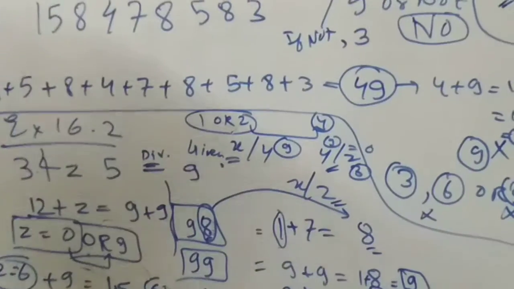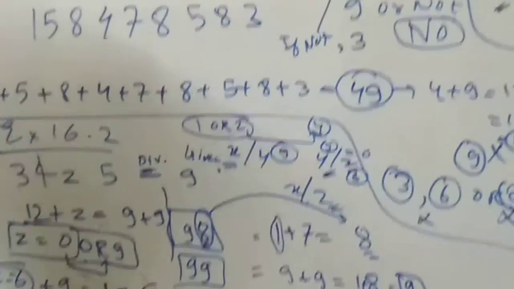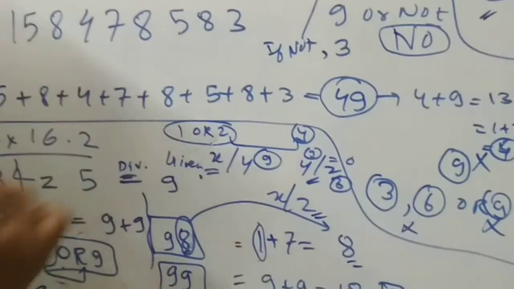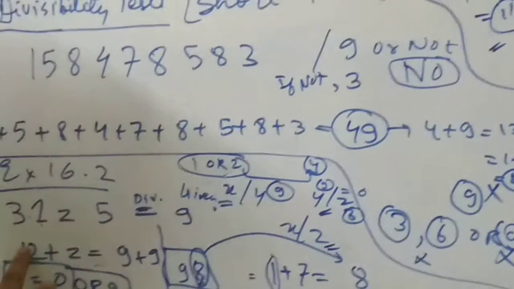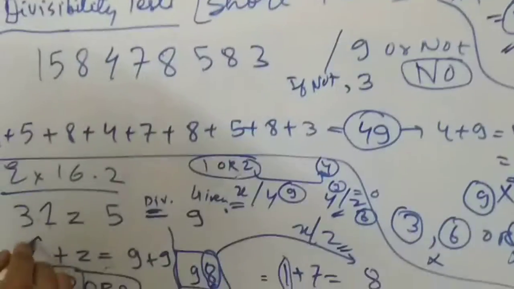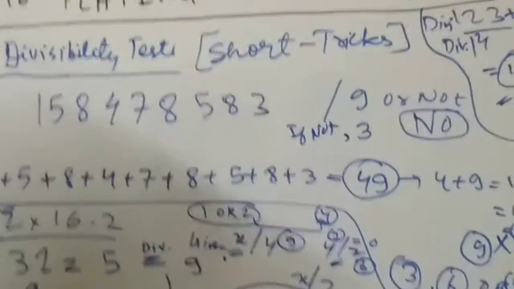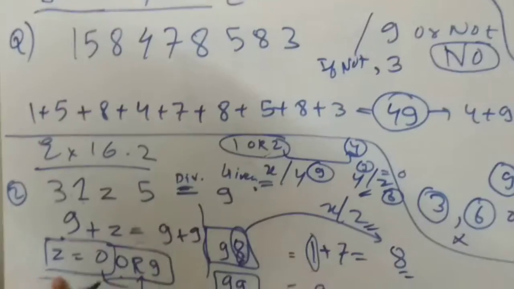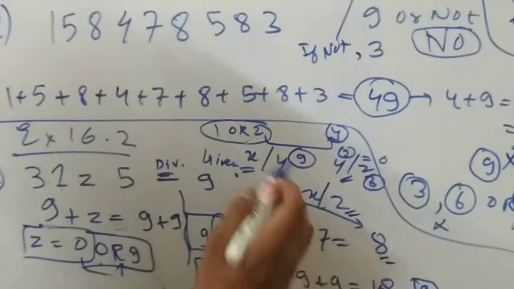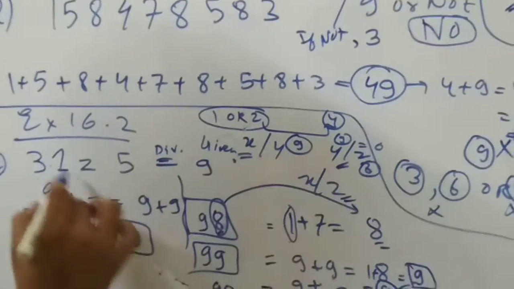Now the fourth question says that 31Z5 is a multiple of 3 or not. Now I have told you that if a number is divisible, same story. See here, the original number is this 31Z5.